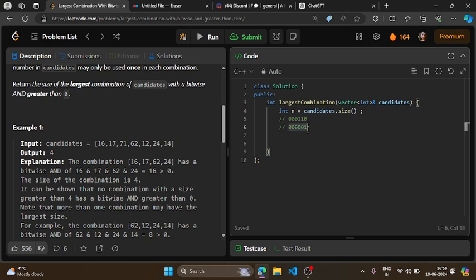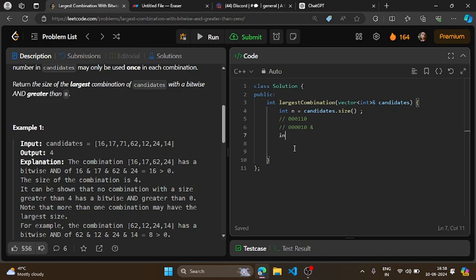Now if I want to calculate whether the first bit is set or not, I will make a mask, put 1 corresponding to that particular bit, and take the AND of these two numbers. If I get a non-zero number, then yes, this particular bit was set. If I get 0, then no, this was unset, right? So this is the way of finding whether a bit is set or not.